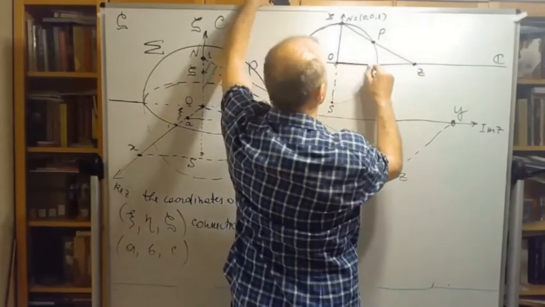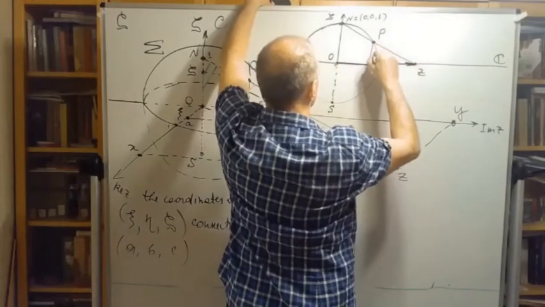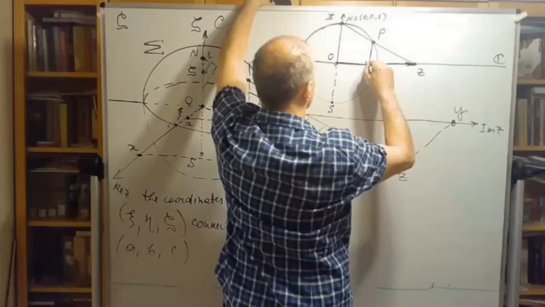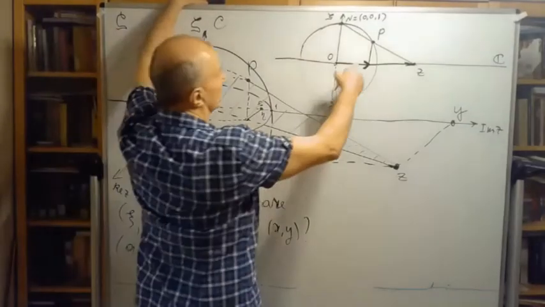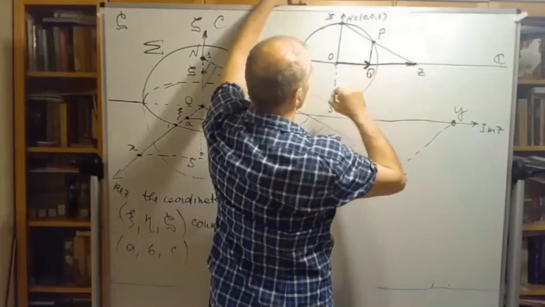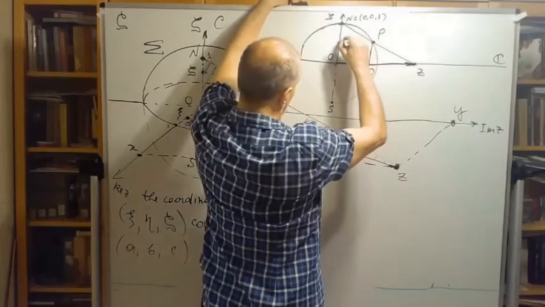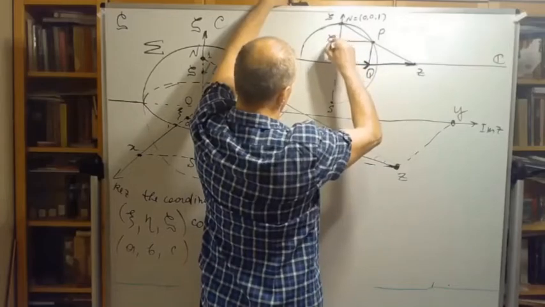So this vector OZ of our interest, if I draw perpendicular, I have to give name to this point. Why don't I call it point Q for now? And I will draw perpendicular on this axis, and this will be coordinate zeta.